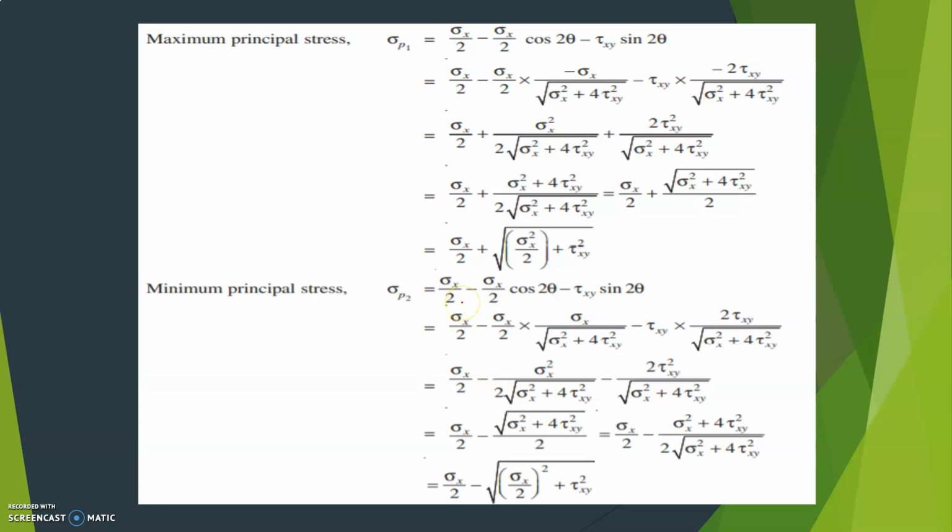In addition to the normal stress and tangential stress, you have to find the maximum principal stress also, that is sigma P1. You have to remember this formula: sigma P1 is equal to sigma x divided by 2 plus square root of (sigma x divided by 2) whole square plus tau square xy.